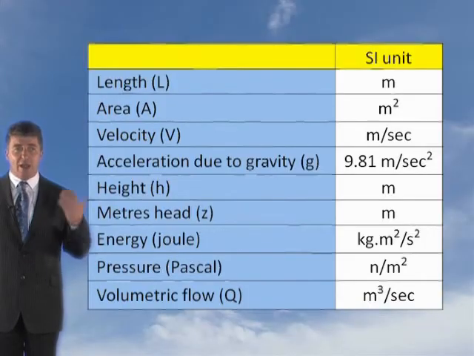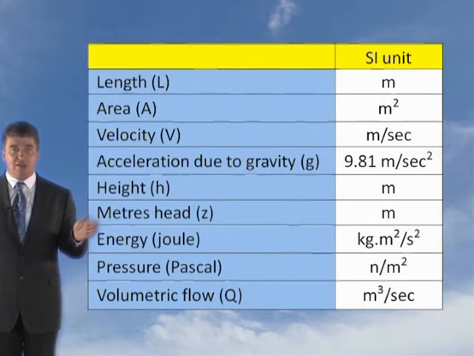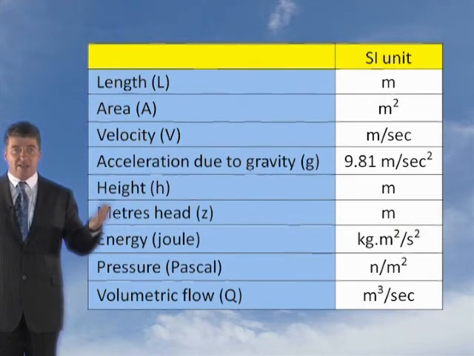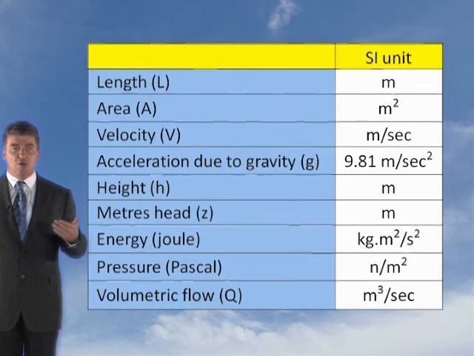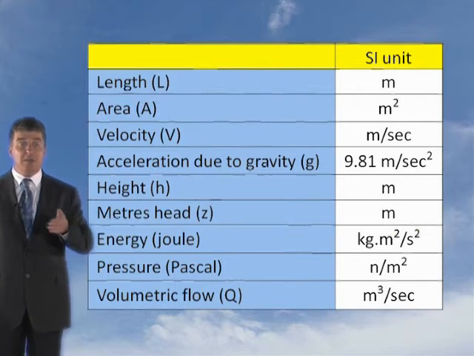And here is a list of the most common units. Don't forget, length has got to be metres. Area, metres squared. Velocity, metres a second. Acceleration due to gravity is 9.81 metres a second squared. Height is always in metres. Metres head, which is Z, is always in metres. Energy, joule, don't forget, a joule is kilograms metre squared per second squared. Pressure, which is a pascal, is newtons per metre squared.